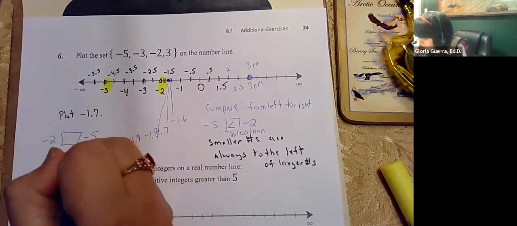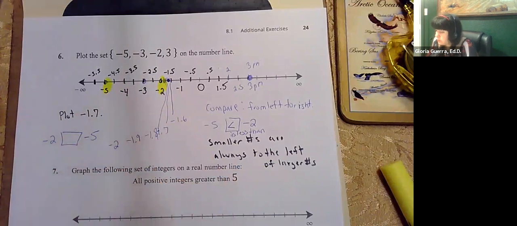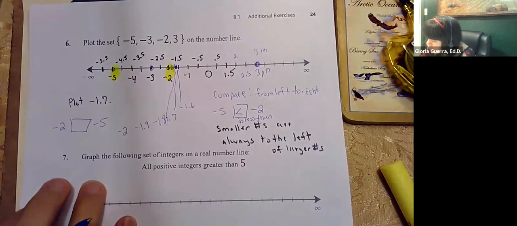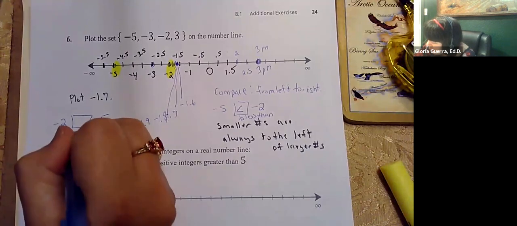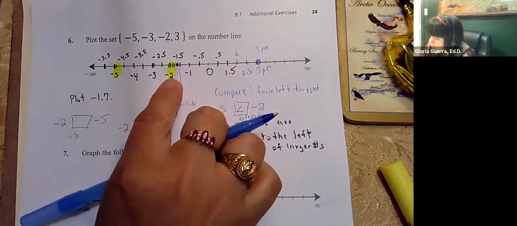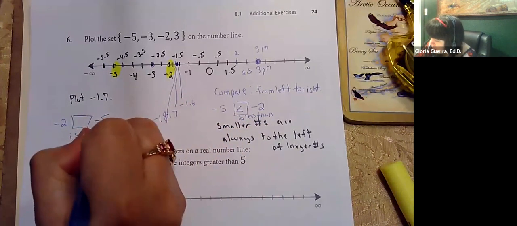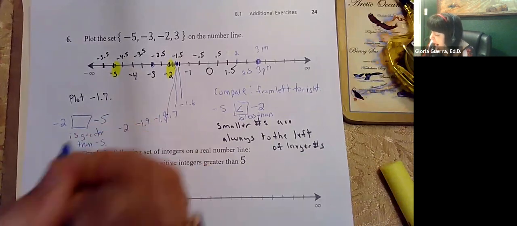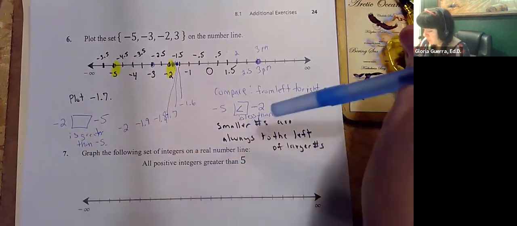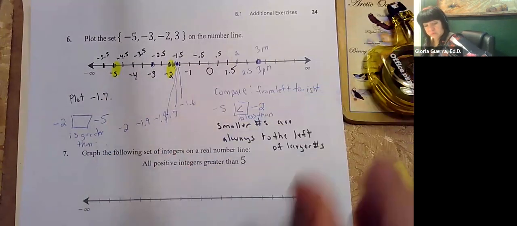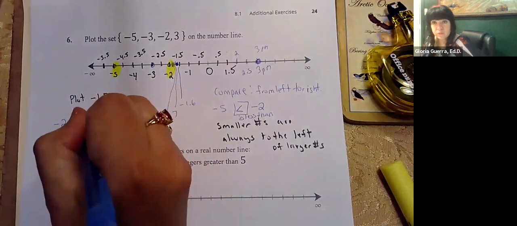So -2 is going to be greater than -5. Okay, so I can actually leave this off. Just say it's greater than. -2 is greater than -5. Okay.